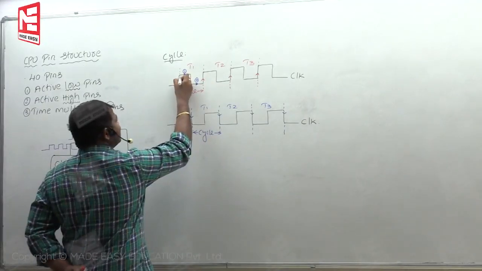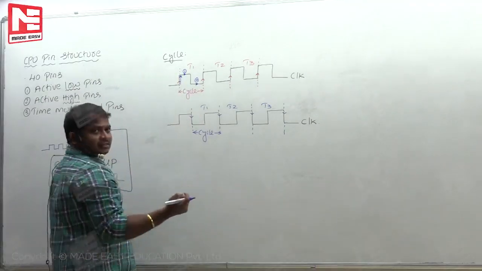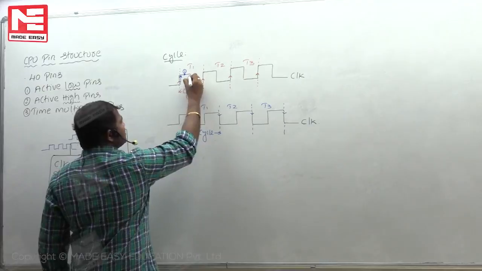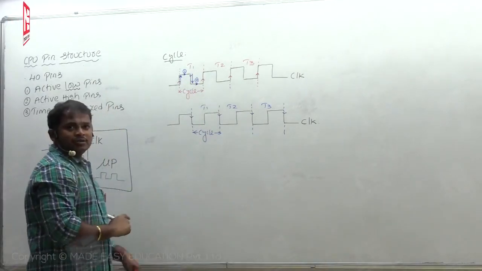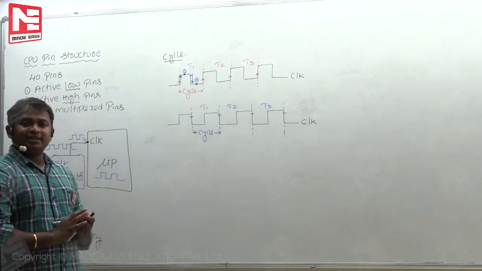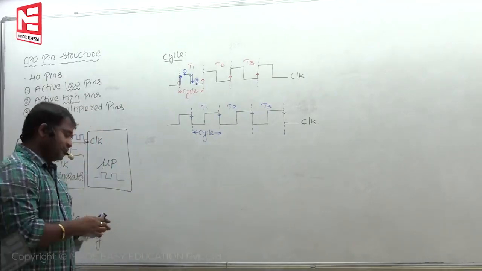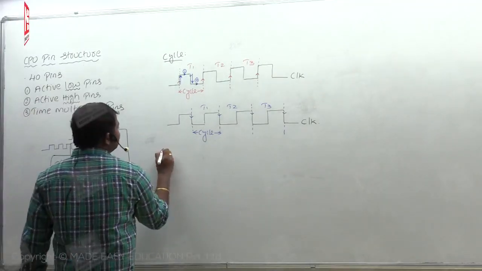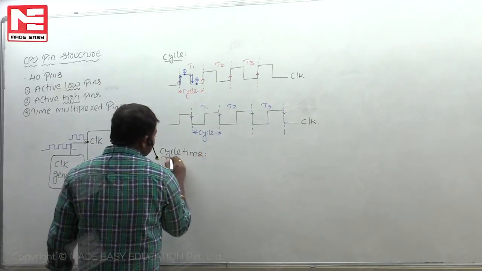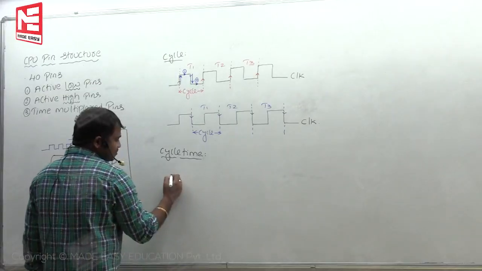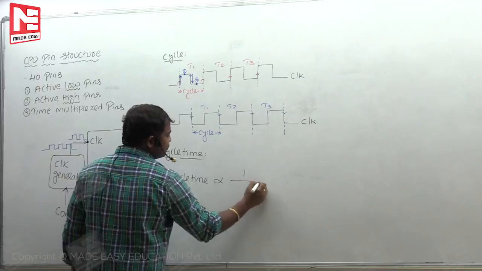Some signals are activated when the clock pulse is in the low state, the 0 state; that is an active low pin. Some signals are activated on the rising edge; that is edge triggered. Some signals are activated on the falling edge. So level triggered signals and edge triggered signals are both manageable in the clock cycle. Correct? Next one. Clock cycle time depends on the clock frequency. That is, cycle time is inversely proportional to clock frequency.